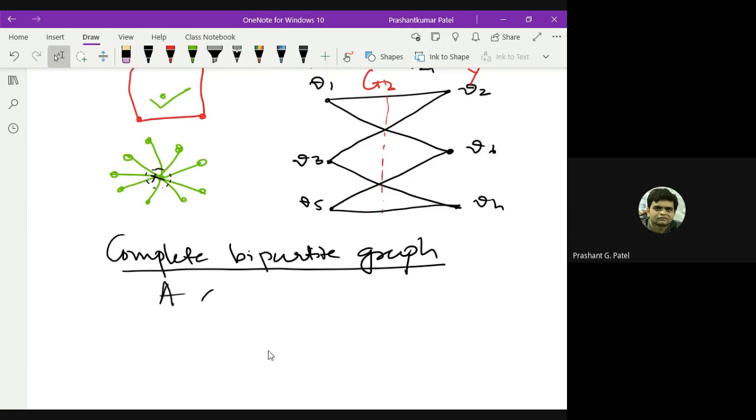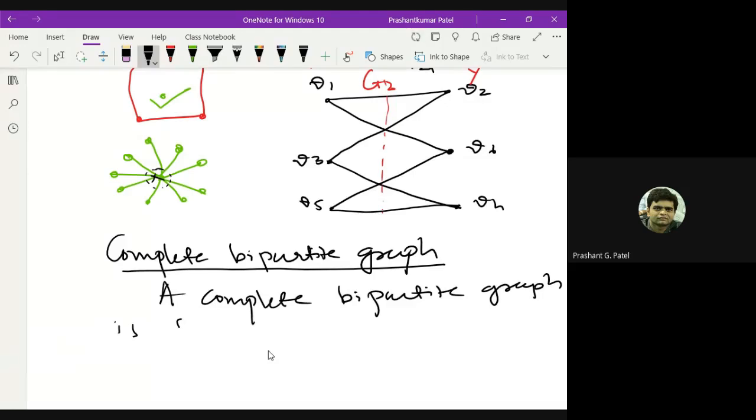So a complete bipartite graph is a simple bipartite graph. First of all, what do you mean by bipartite? I have already explained to you. Bipartite graph, and it is simple, that means there is no loop, no parallel edges.